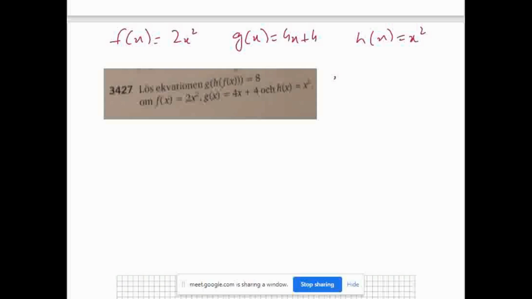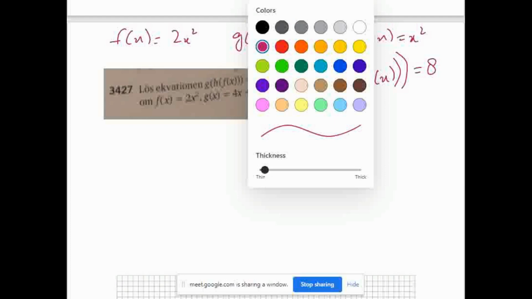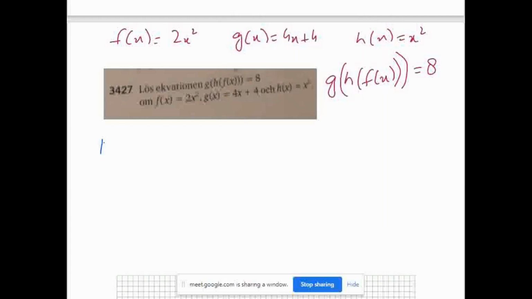Now here you can see we have to find g h f of x, and we have to follow the sequence in this one. g h f of x is equals to 8. Okay, now from here we can see that first we have to find h f of x.